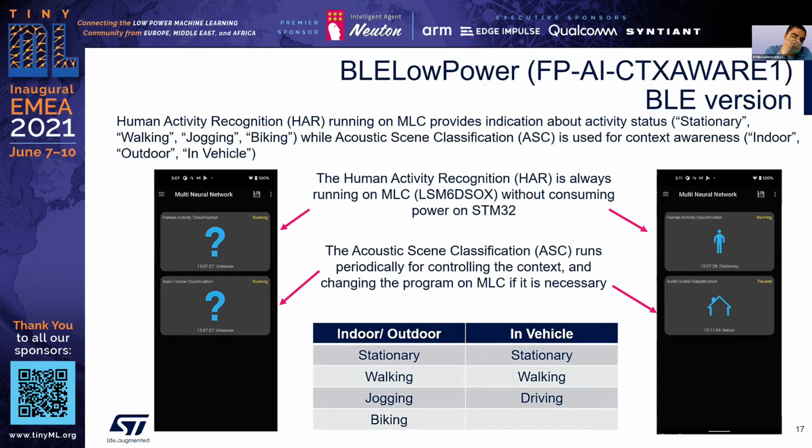According to the outputs, we can decide to change or not change the bytecode to load on the LSM6DSOX. The audio scene classification is running in any case periodically, with a certain period that can be set in the firmware. At the moment, it is set at 30 seconds.